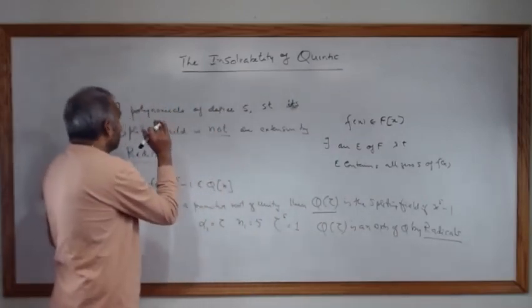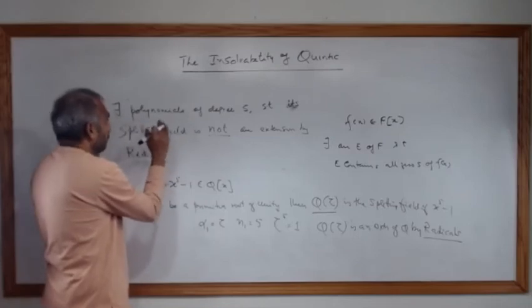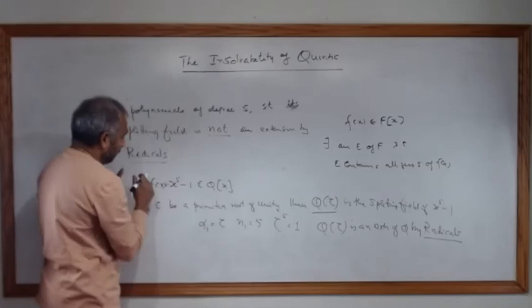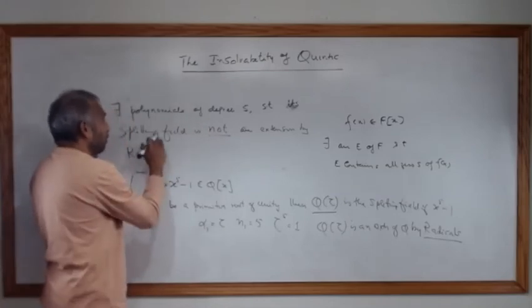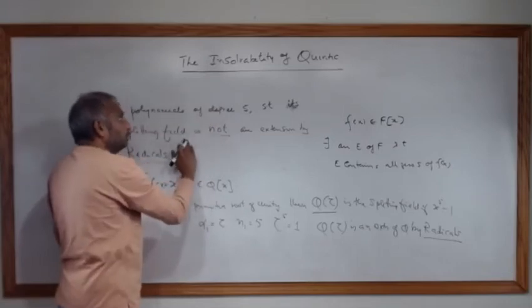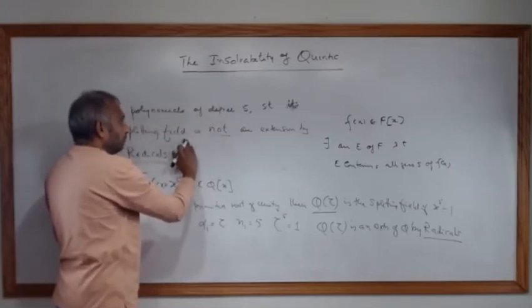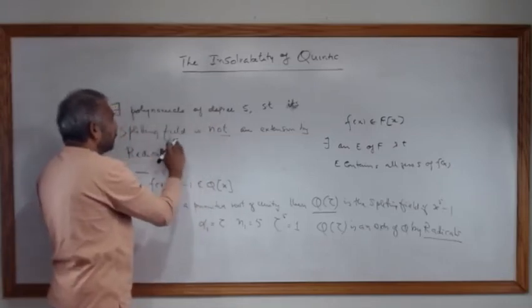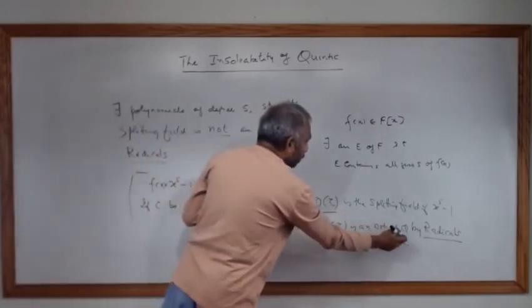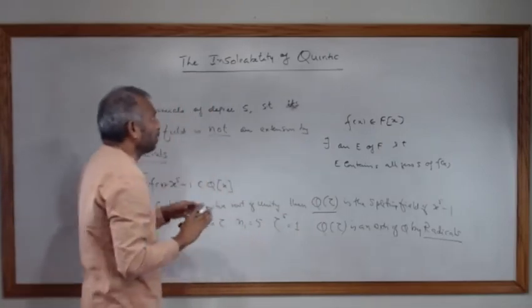So only some of the polynomials of degree 5 do not belong to this kind of thing. If you find the splitting field of that polynomial, then the splitting field is not an extension of Q by radicals, and that is what we are going to show.